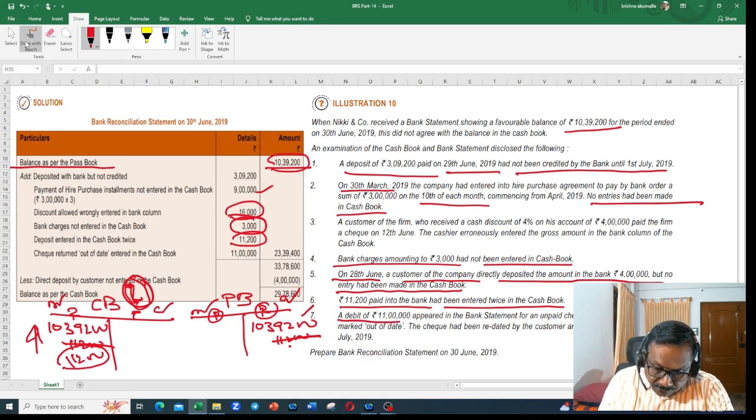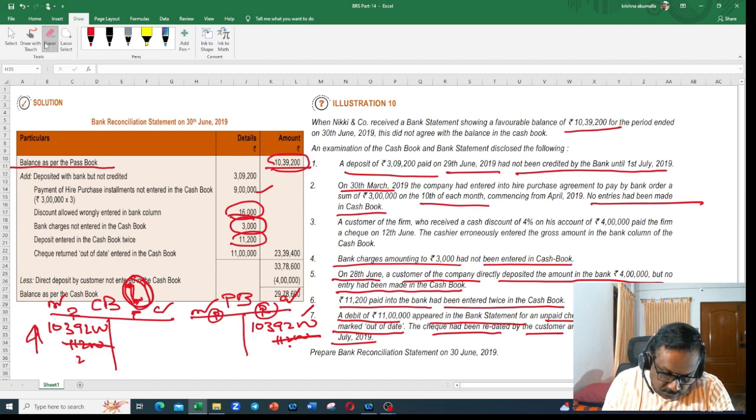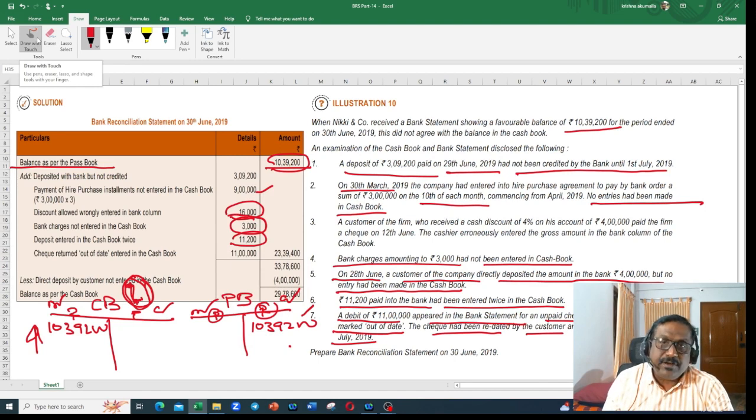Next, a debit of 11 lakhs appeared in the bank statement for an unpaid check, which had been returned, marked out of date. The check had been redated by the customer and paid into the bank again on 5th July. See here, very simple. I will explain this in detail, because this is how it happens in the corporate sector. A check of 11 lakhs was deposited by the customer directly, and it was communicated to us, so 11 lakhs has been entered in our cash book.